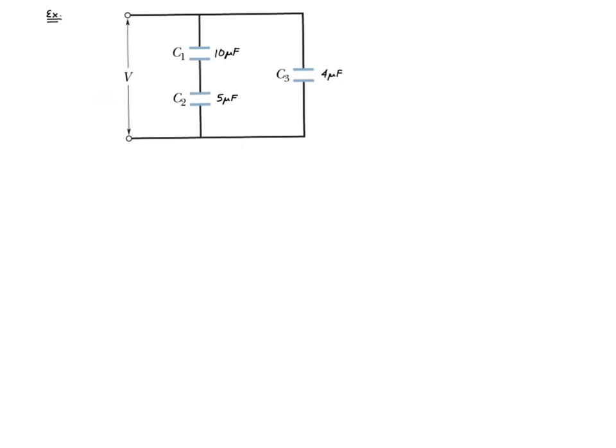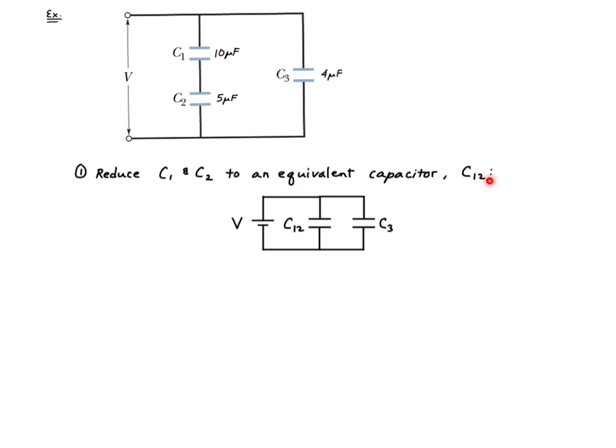So let's do an example problem. Here we have three capacitors. Two of them are in series, and these two in series are in parallel with a third capacitor, C3. The first thing we want to do is reduce these two capacitors, C1 and C2, into an equivalent capacitance, C12, where the circuit would now look like this.